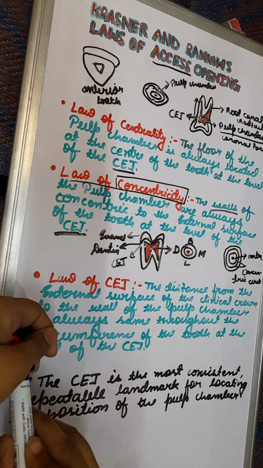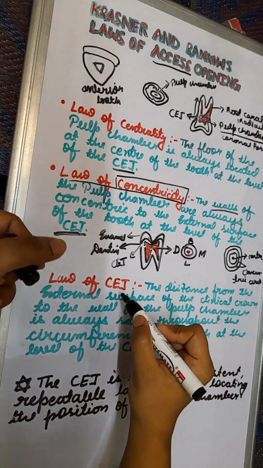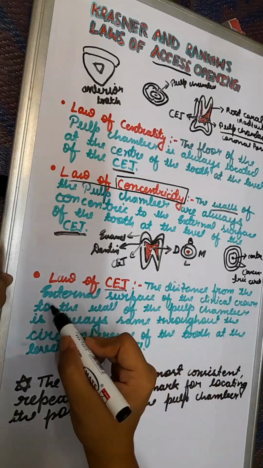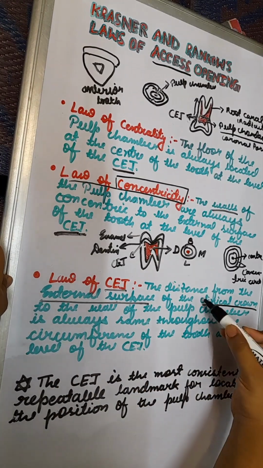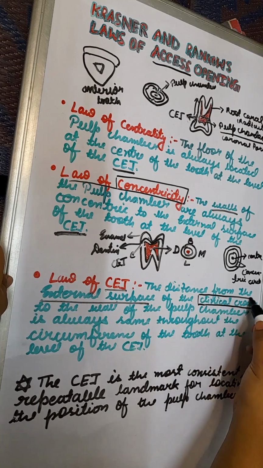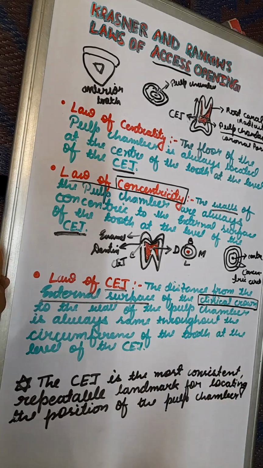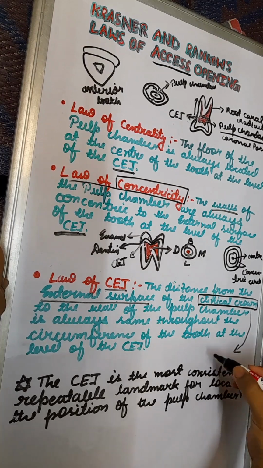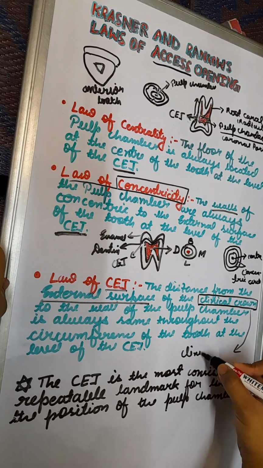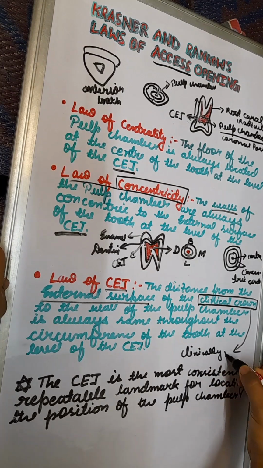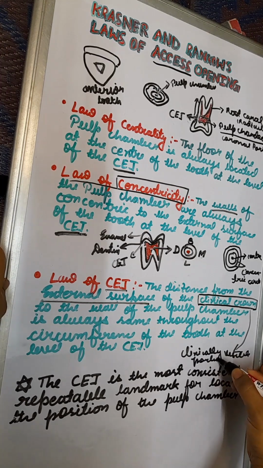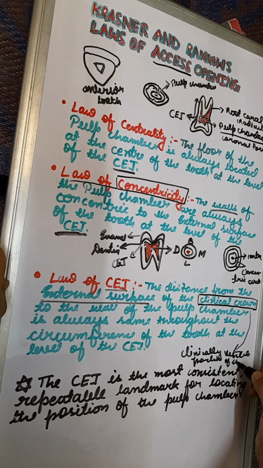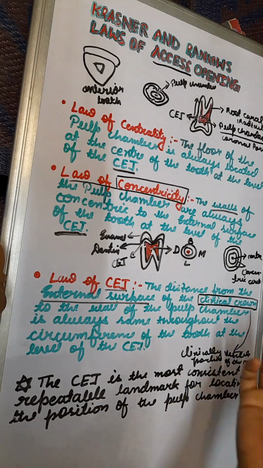Now, the law of the cemento-enamel junction: the distance from the external surface of the clinical crown. Clinical crown is the clinically visible portion of the crown that we can see in our oral cavity.